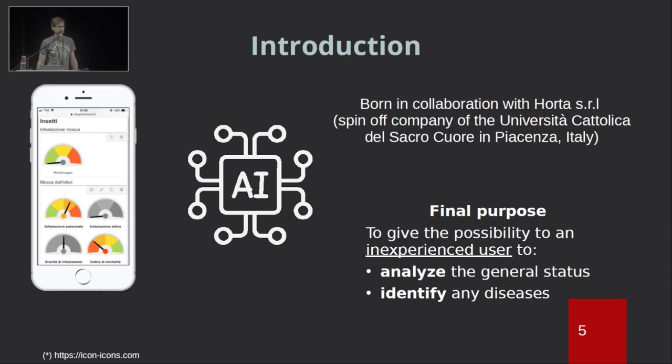And they asked us for an application that is used by inexperienced users, so people that have some grapevines at home and can use their phone to check by making a photo and returning some statistics about which types of diseases are affecting them and how much they are extended, and also some more advanced statistics.